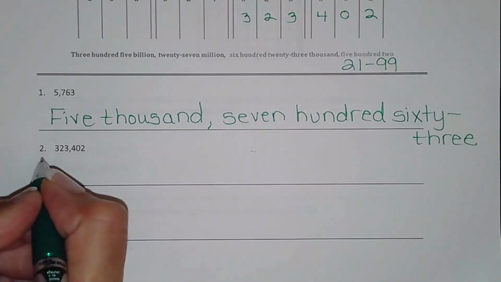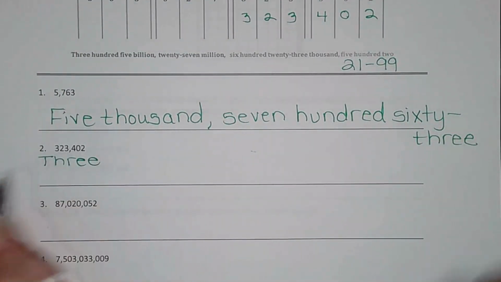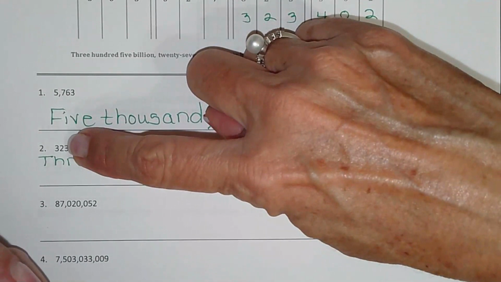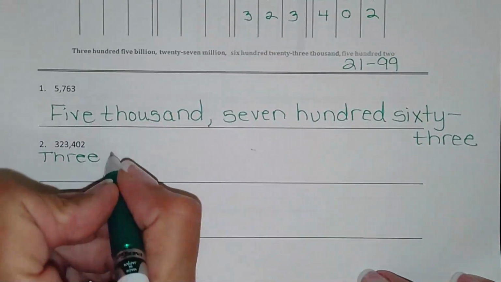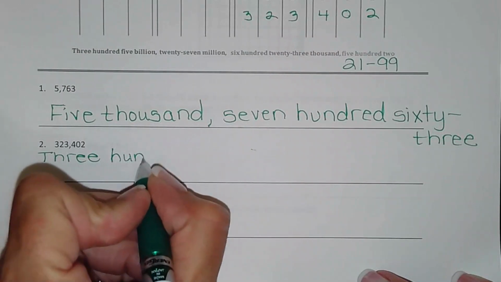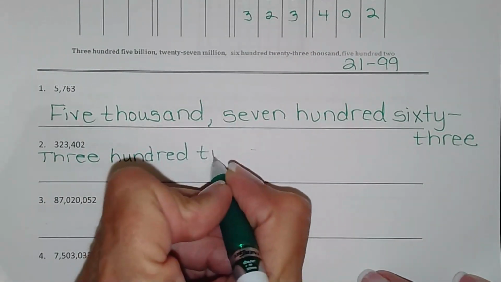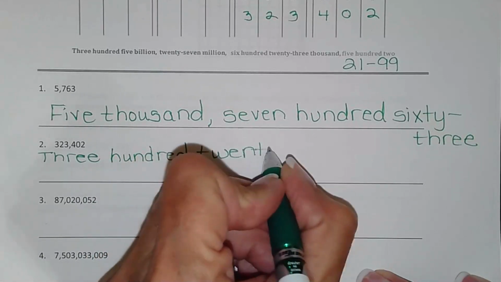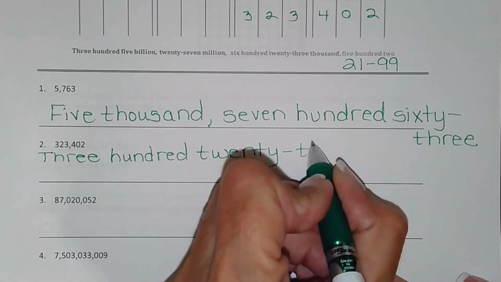So 300, so just read the number just like you would if it was all alone. So 323. And again, 23 is in between 21 and 99, so that gets a hyphen.